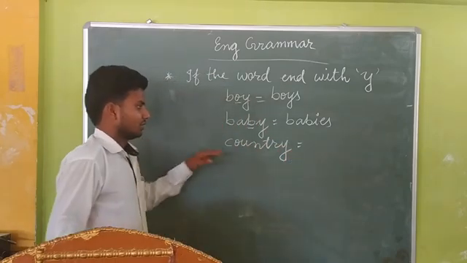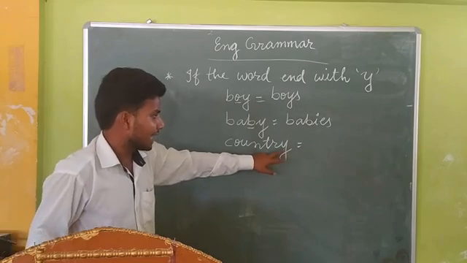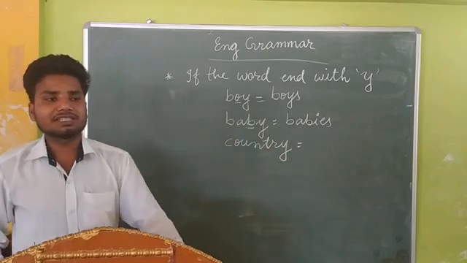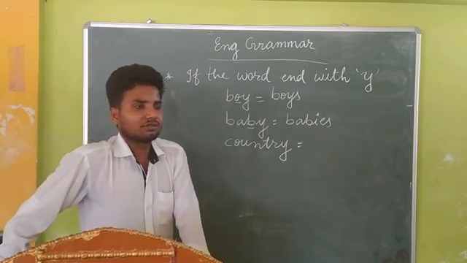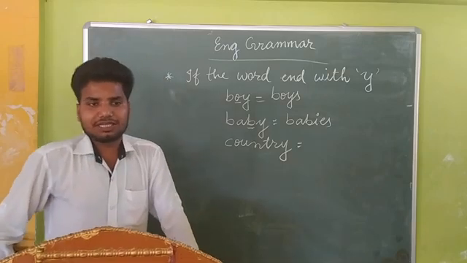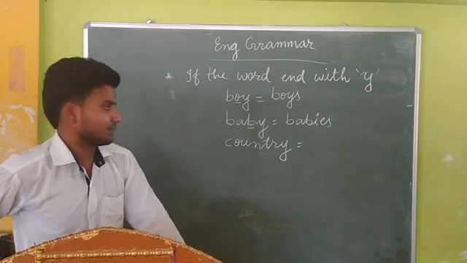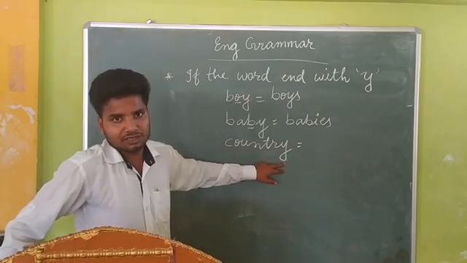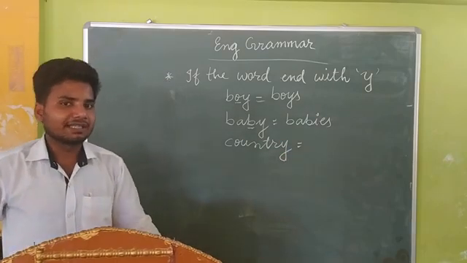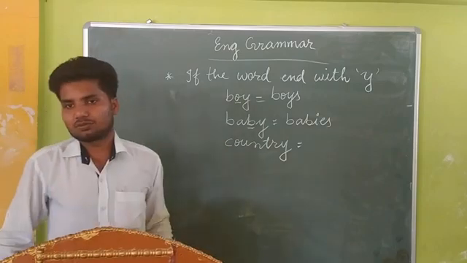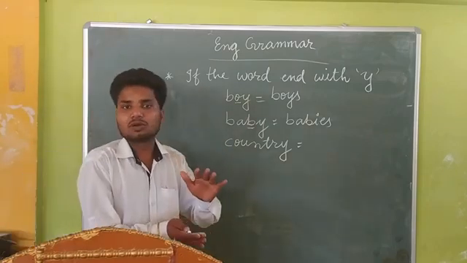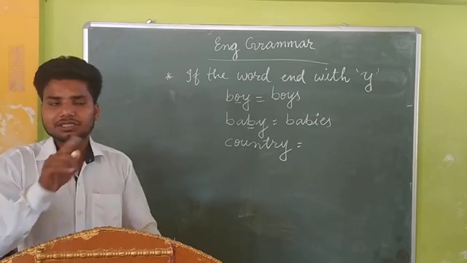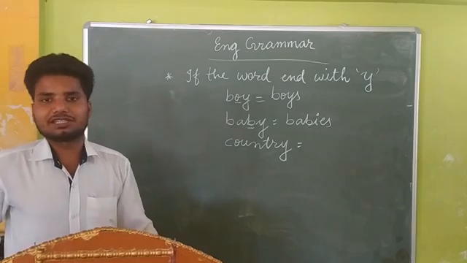In this word, at first you have to observe the ending letter of the word, that means the last letter. You are seeing that the last letter of the word is y. Now you need to identify the previous letter of y. If the word ends with y, apart from this, you need to understand the previous letter of y.